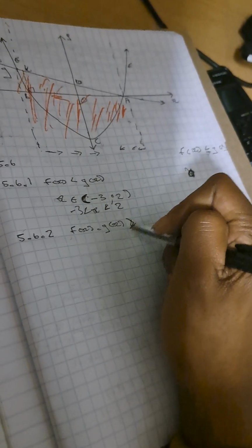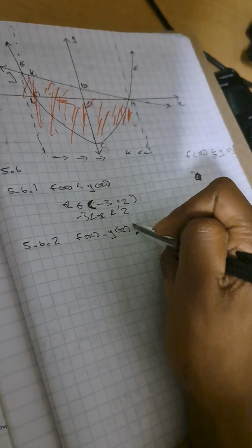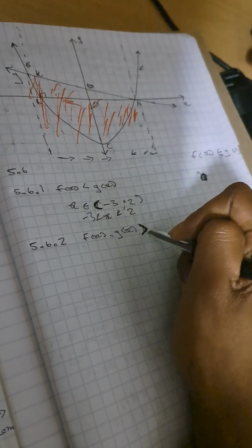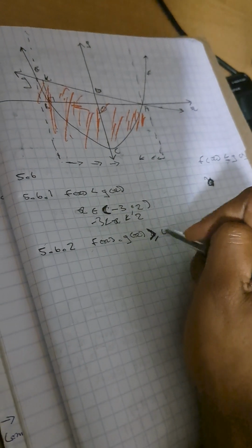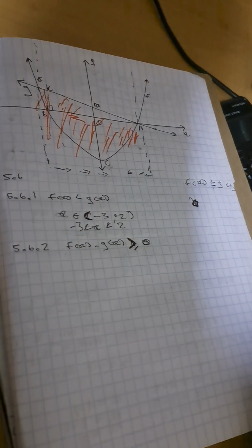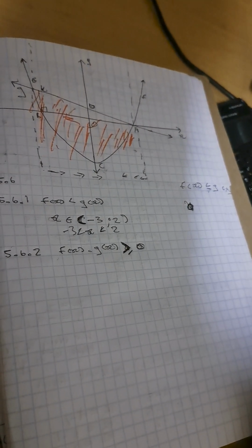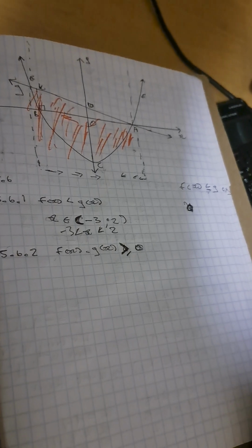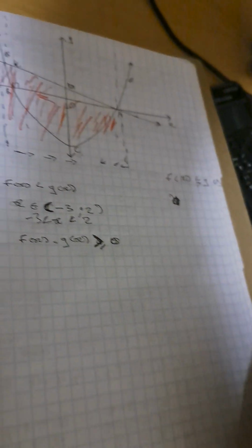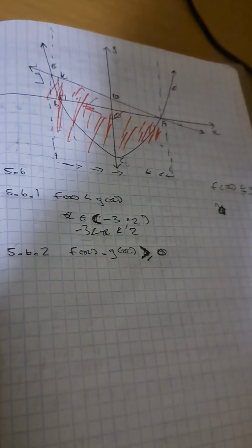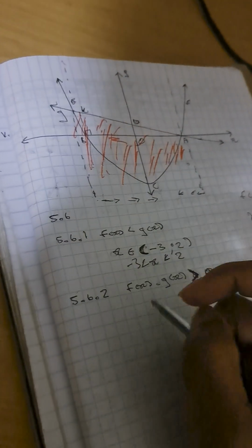It's not less than, it's greater than. I just checked again. It's greater than or equal to 0. Right. This is an interesting case. So let's interpret our graph. Okay. So let's go to our graph. Let me explain this case.